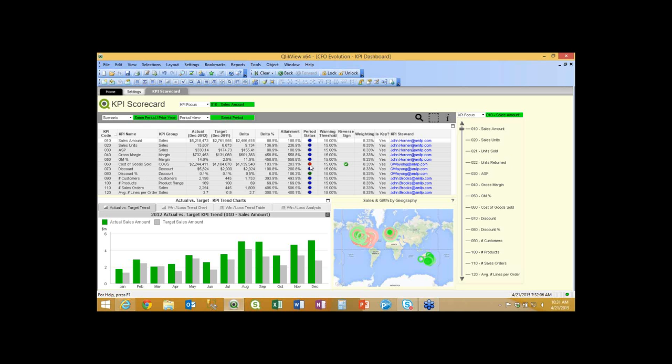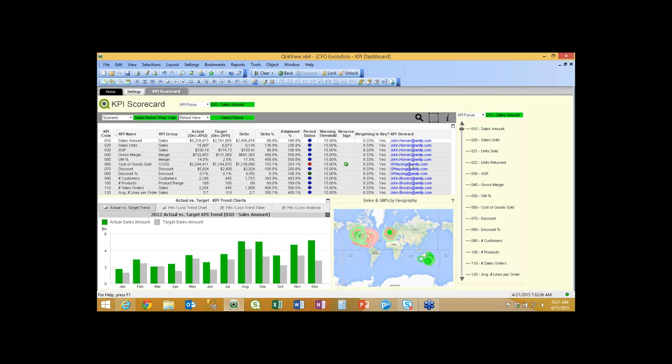We can actually go in and switch this off and filter this so that we're not just looking at key performance indicators, because sometimes you do want to look at a measure that makes up a key performance indicator, so you can get to see some of the reasons behind a key performance indicator. And I'll come on to that when I walk through the example.